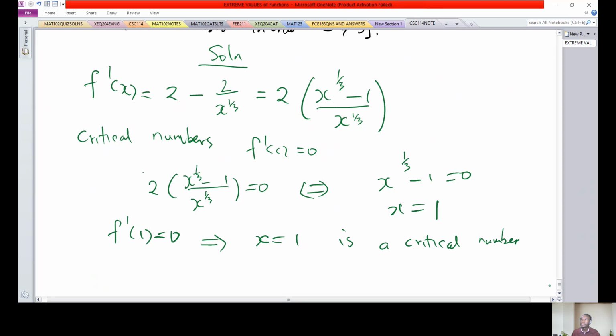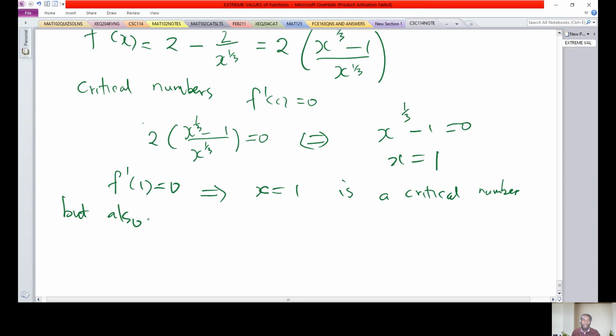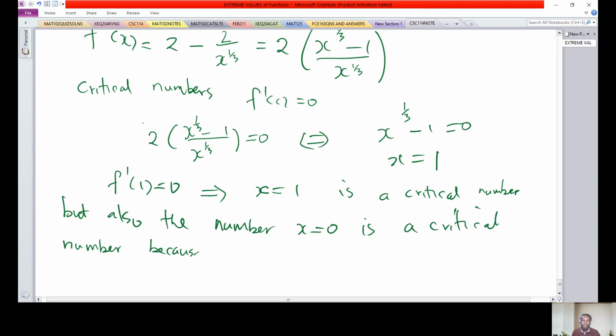But also the number x equals 0 is a critical point or critical number because f prime at 0 is not defined or does not exist.